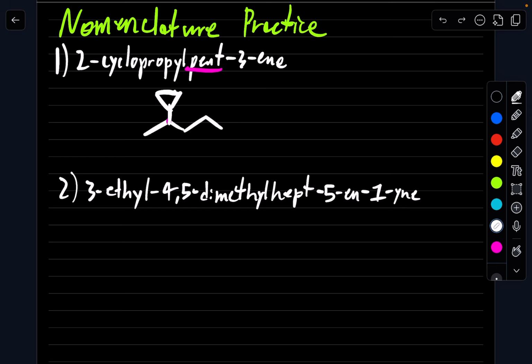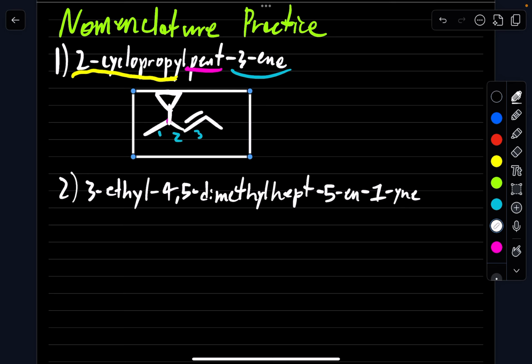And it's a substituent, meaning that it's not a part of the main chain. We also have 3-ene. So we have an alkene, a double bond on bond number 3. So 1, 2, 3. So this is what it looks like.